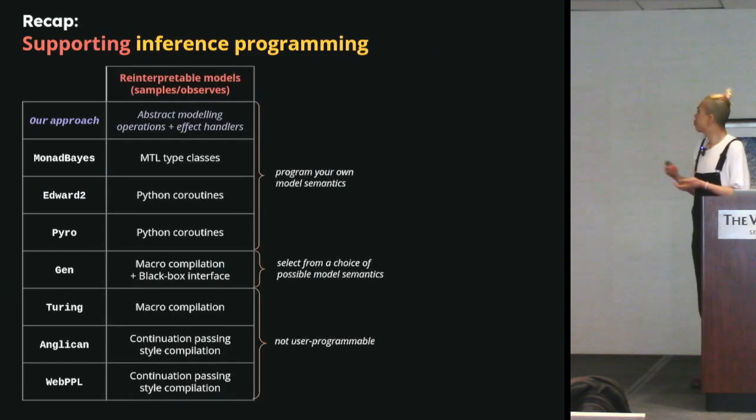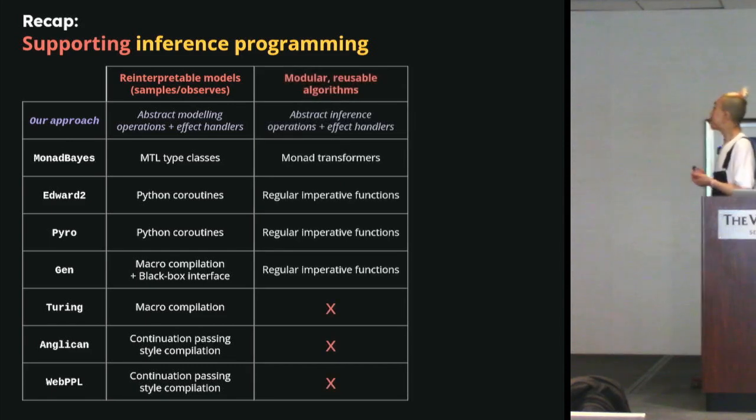The first was being able to reinterpret how models execute. There are many ways of going about this. Some let you program your own execution, some give you a selection to choose from, and some can't be programmed at all. The second thing we cared about was being able to build new algorithms out of reusable parts.